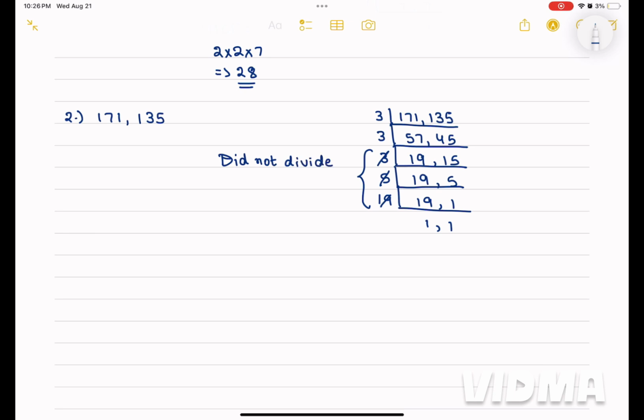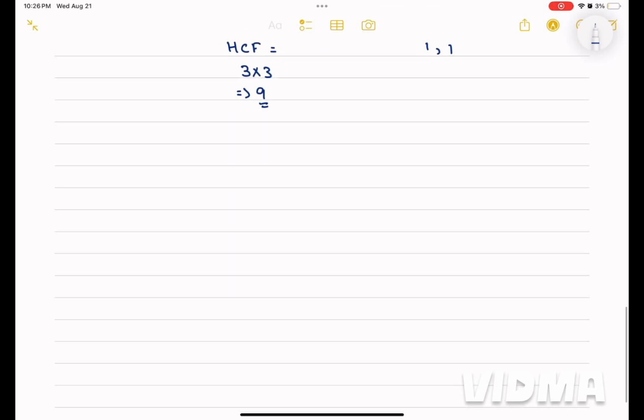So we do not consider these 3 numbers at the end. So the HCF of 171 and 135 is 3 into 3, 9. Again, why didn't we consider the last 3 numbers? Because they did not divide both the numbers.